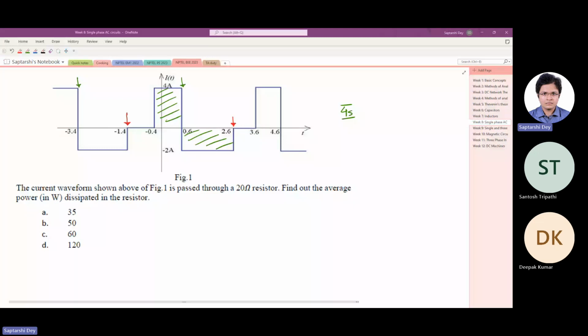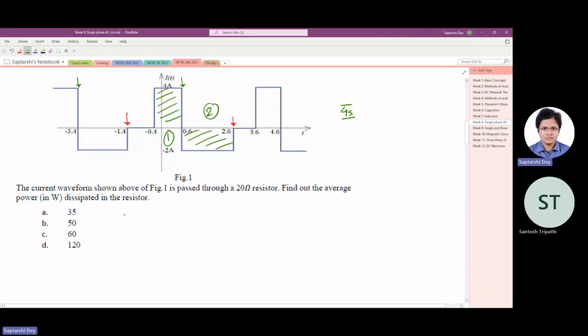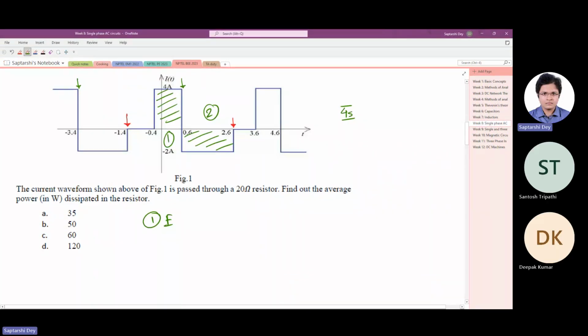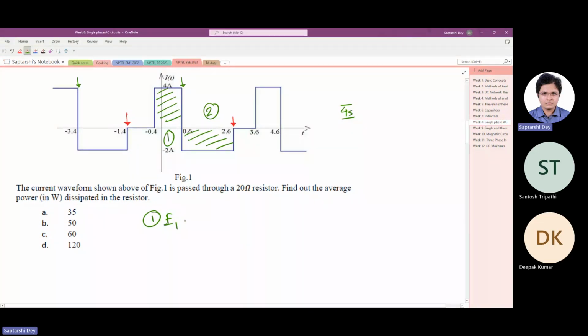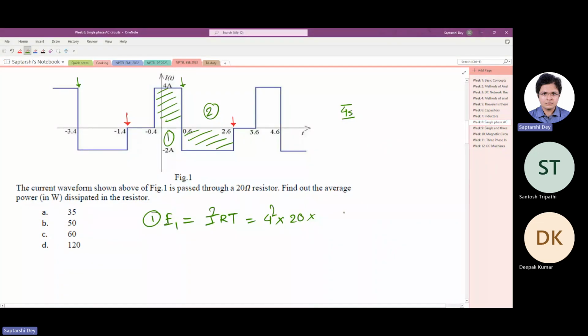So I will call this zone 1 and I will call this zone 2. During zone 1, how much energy E1 is dissipated? It's I squared RT. I is 4 ampere, so 4 squared times R is 20, times the time, from 0.4 to 0.62, so how much? 1 second.